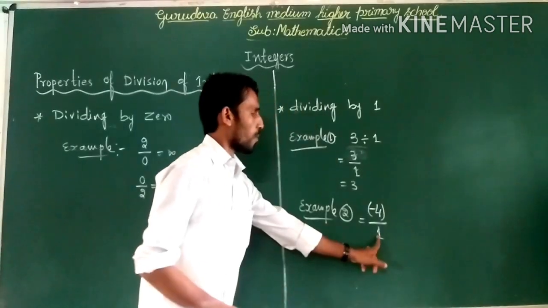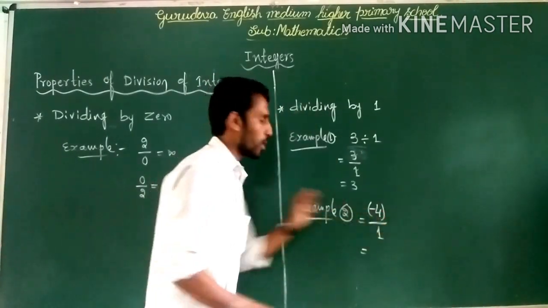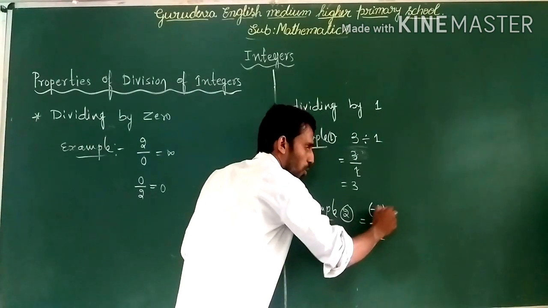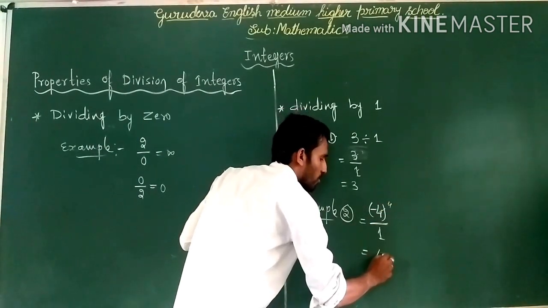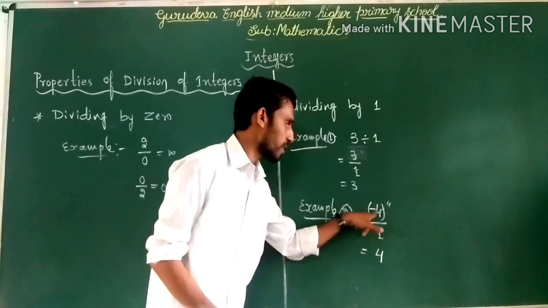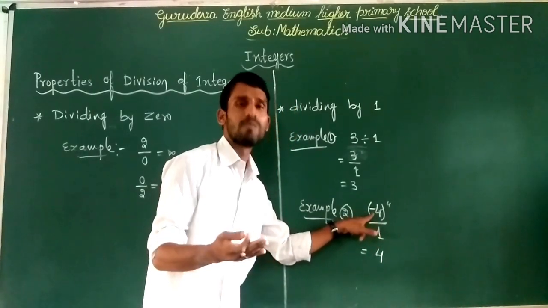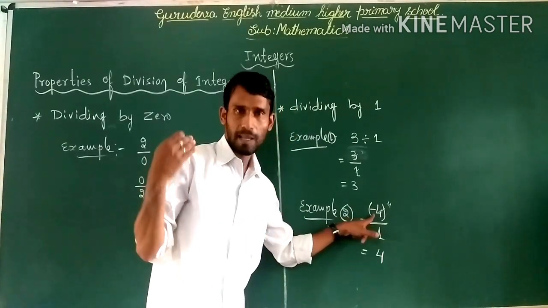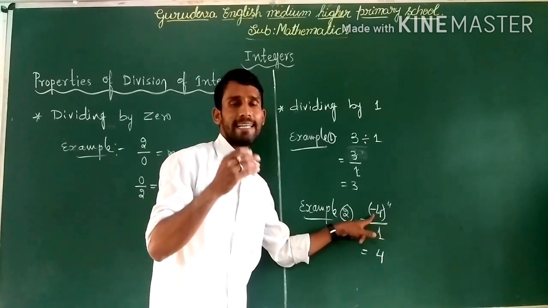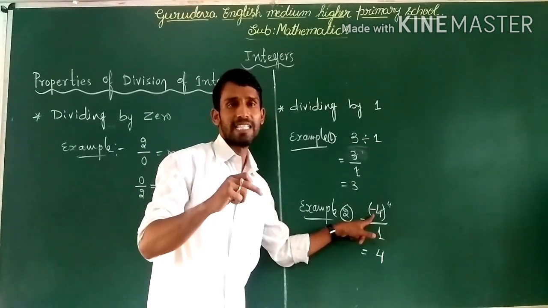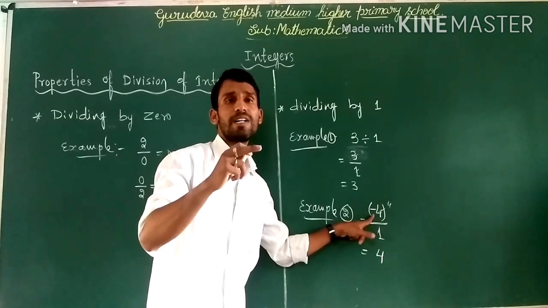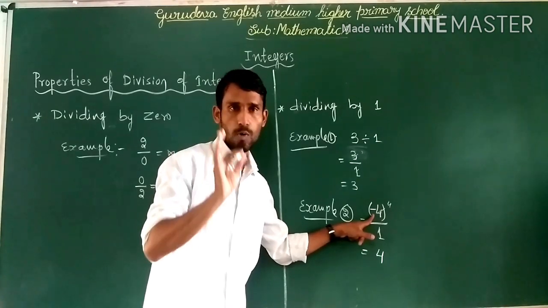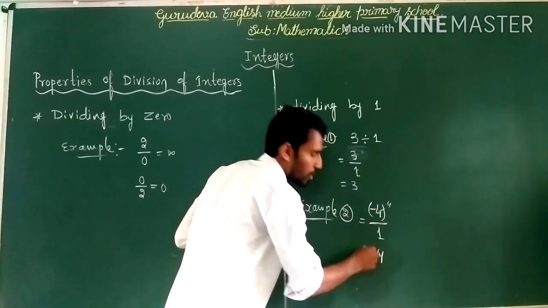Again we are getting minus 4: 1 ones are 1, 1 fours are 4. We are getting 4, but we have to put a negative sign, because as we discussed in the previous problem, when we divide a negative integer by a positive integer, we have to put a negative sign before the quotient.